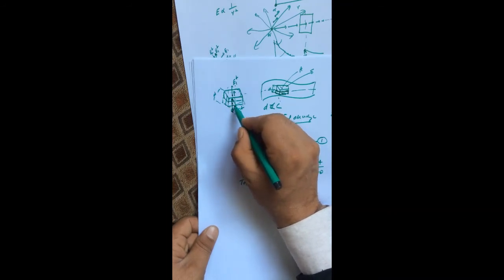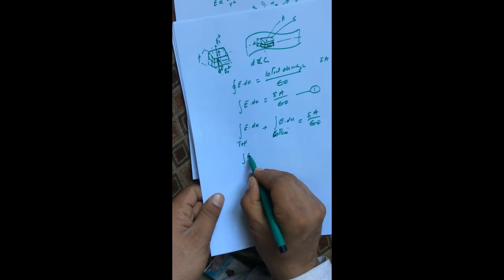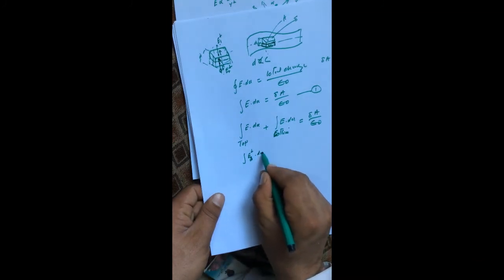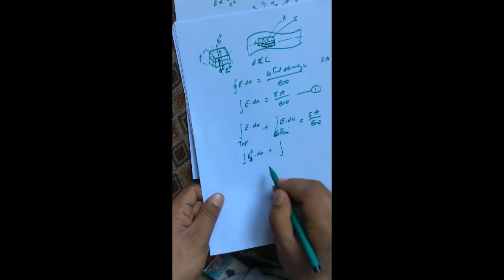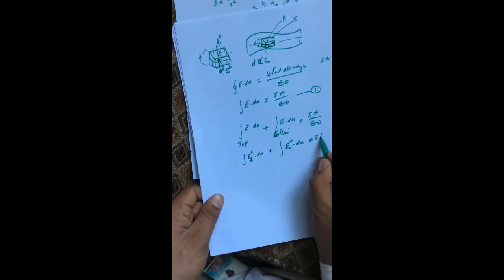So they are anti-parallel to each other. So we can say that on the top surface, the contribution is from the electric field E1 normal component dot dA, plus on the bottom surface, the contribution is from E2, which is equal to sigma A divided by epsilon naught.